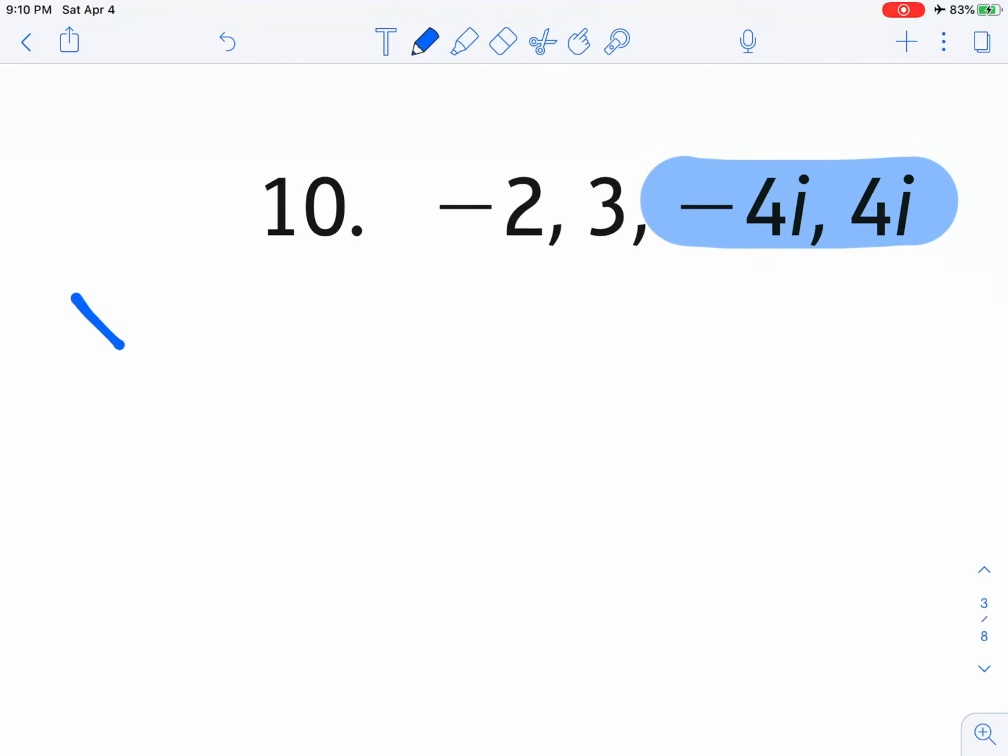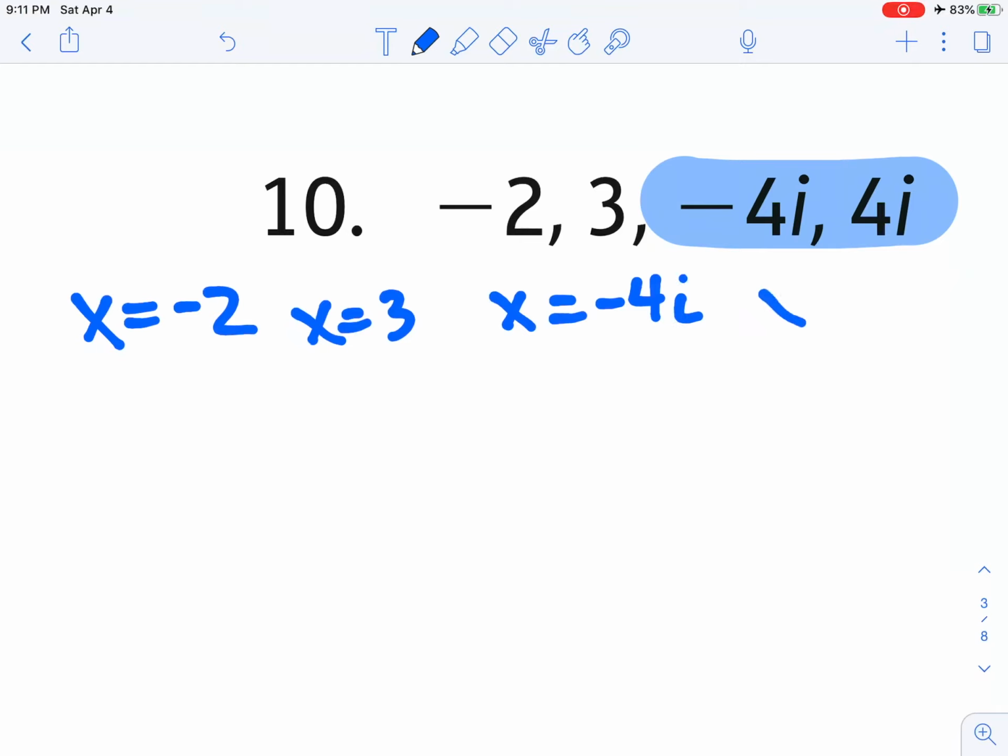Okay, so these are roots. So that means that if we're using the zero product property, x equals -2, x equals 3, x equals -4i, and x equals 4i. Why they don't have x equals in the front up here, I don't know, but they just listed the roots.